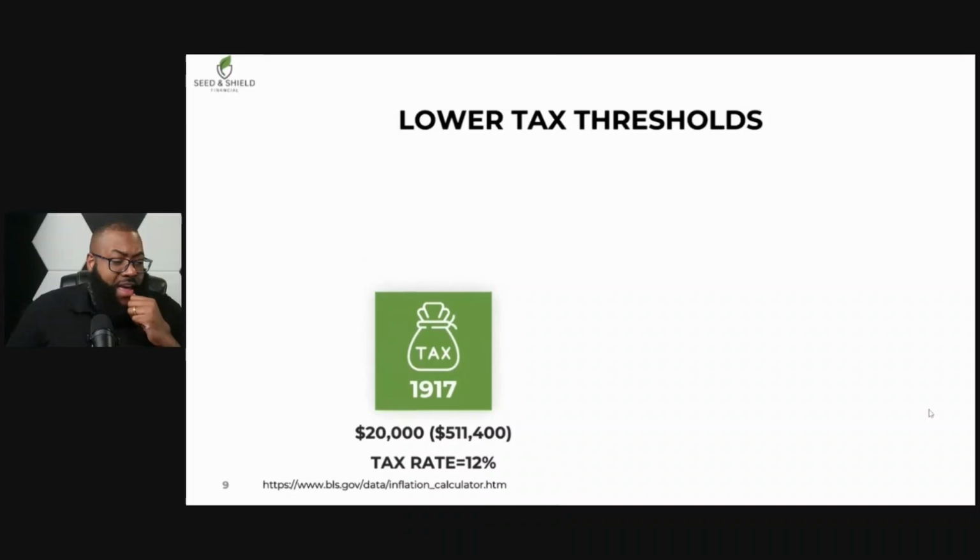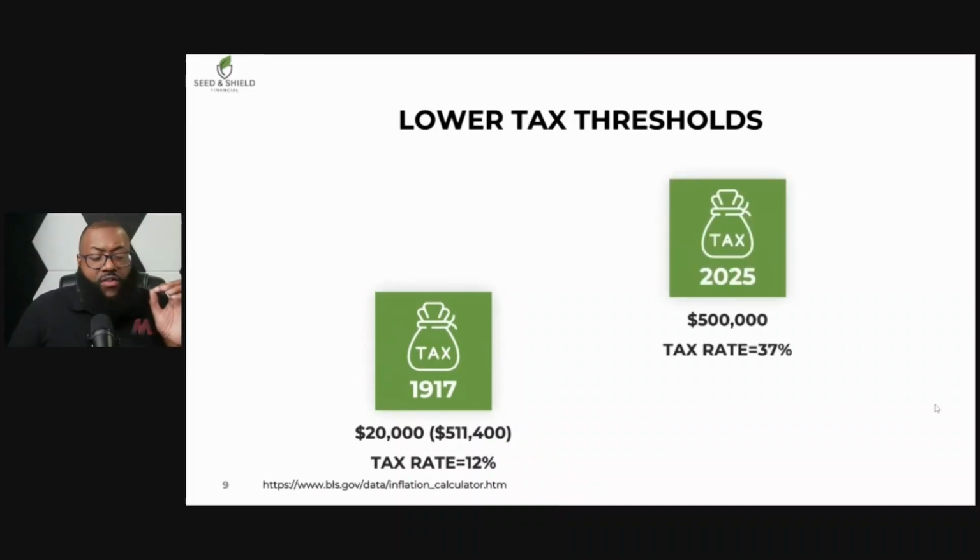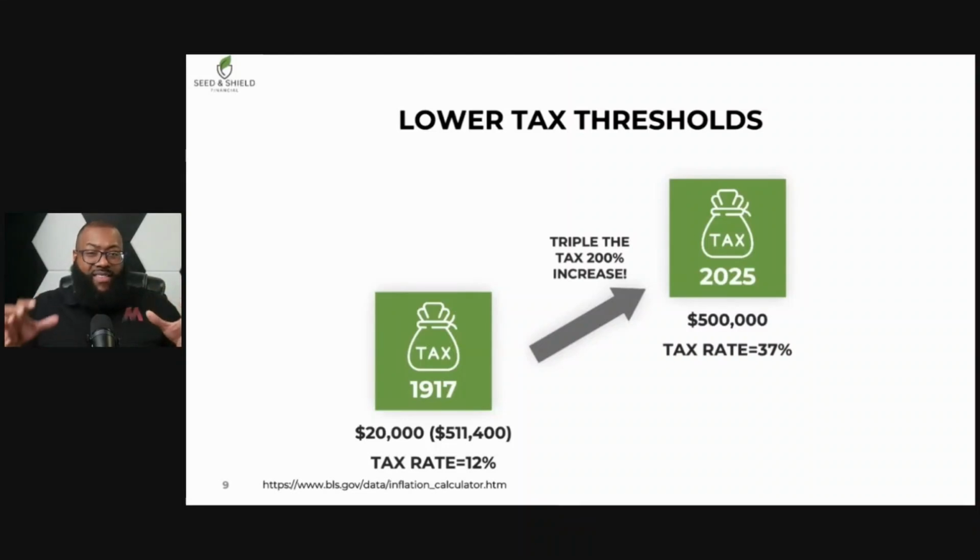Now, in 2025, that $500,000 person would be subject to a 37% tax rate. That is the same money, the same income equivalent. In 1917 they had a rate of 12%, but it's triple the amount today for someone who has 500,000 in income. That's huge.